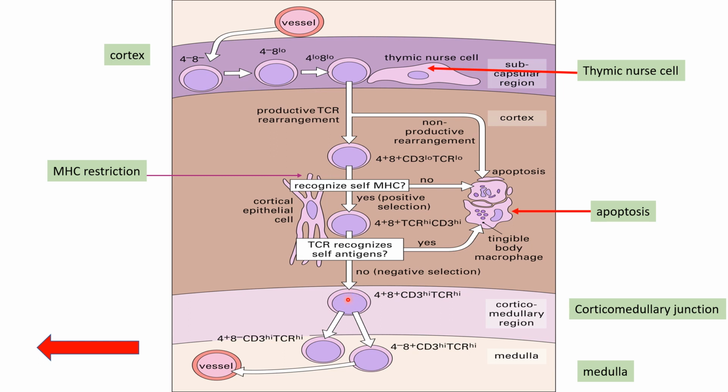There will be interaction between the macrophages and the lymphocyte, which will mount an immune response to the cell. So the T lymphocytes will then develop a capacity to not self-react but recognize the antigens which are present in the body, and then they will move out from the medulla into the blood vessel and then be carried to the different secondary lymphoid tissues which are present in the body.